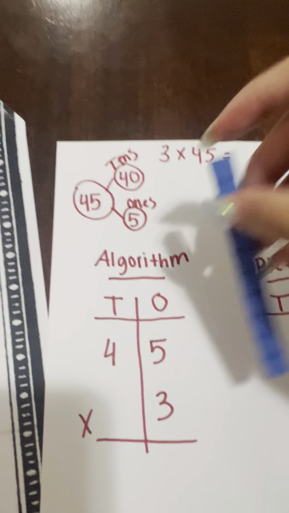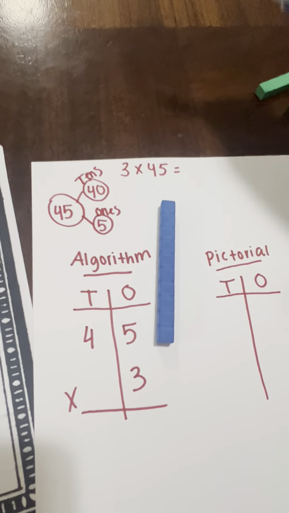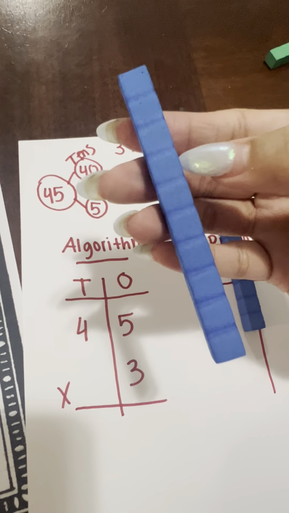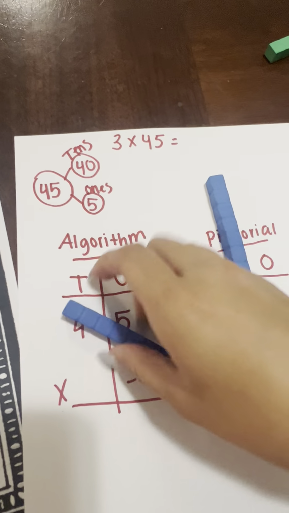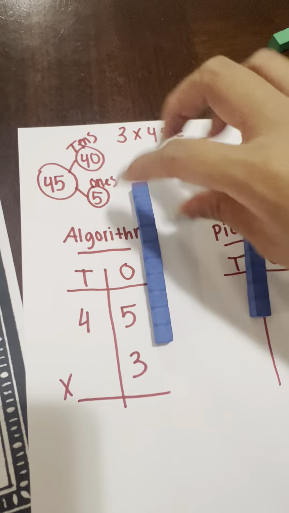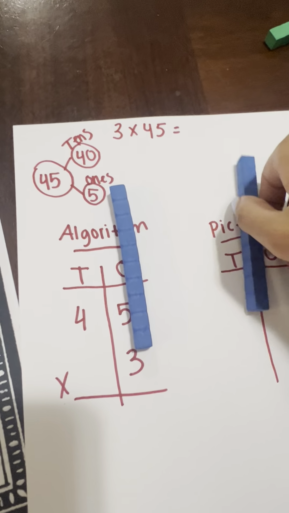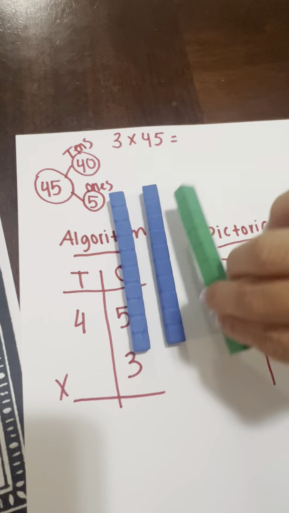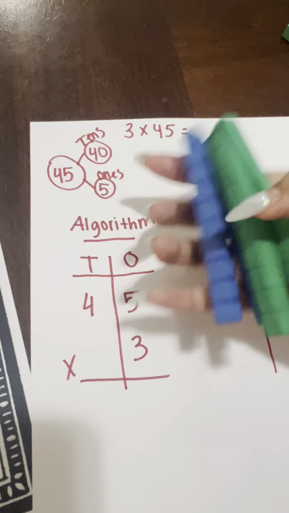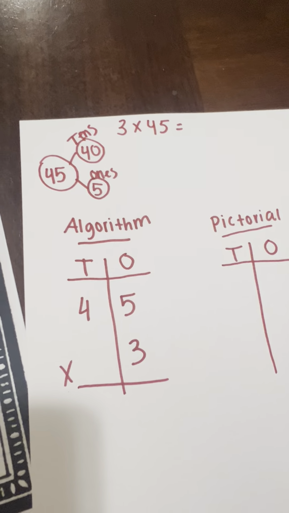In class, we use something called base 10 blocks. One of these blocks or sticks represents 10 units inside, as you can see. So how many sticks do I need to make 40? If I have 1, that's 10. If I have 2, that's 20. 3 is 30. 4 is 40.